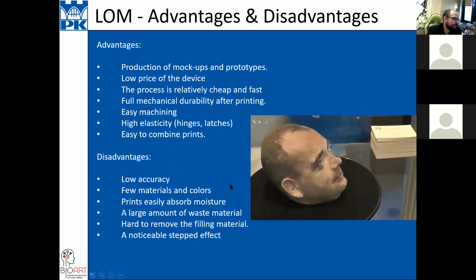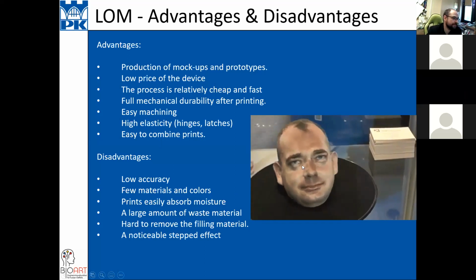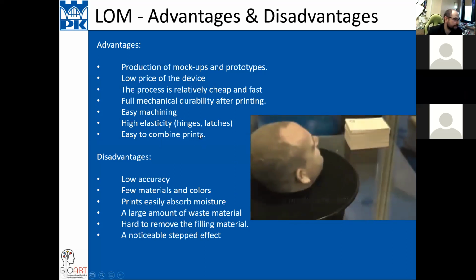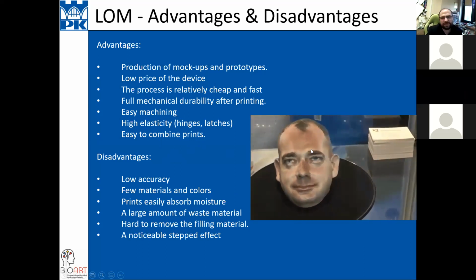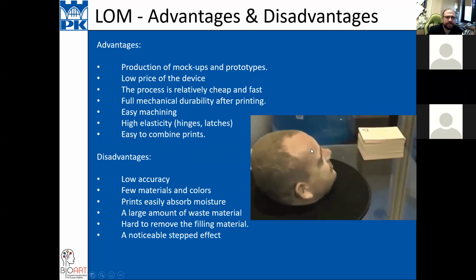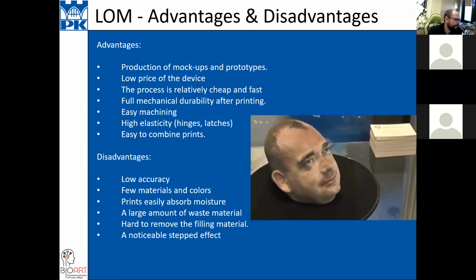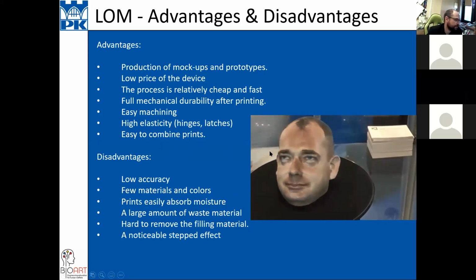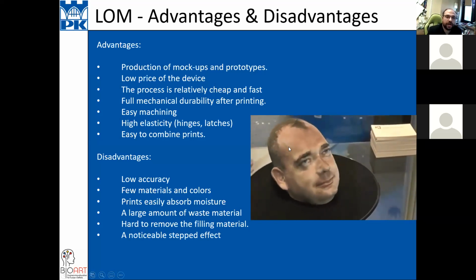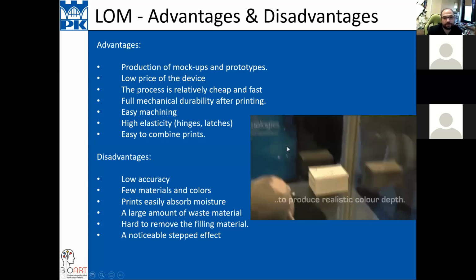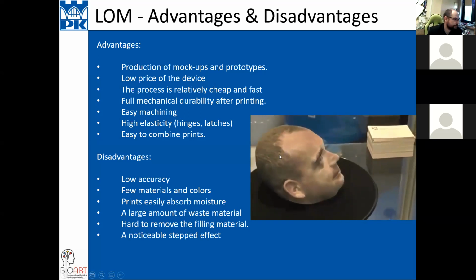Of course, you can machine these prints very easily after printing, but this print was made in most cases from paper. Yeah, you can paint it. It wasn't a problem. But for example, it was very hard to remove supports in this case.